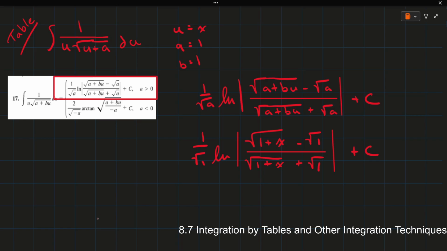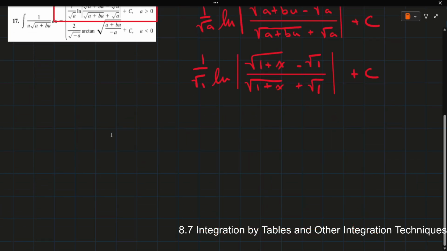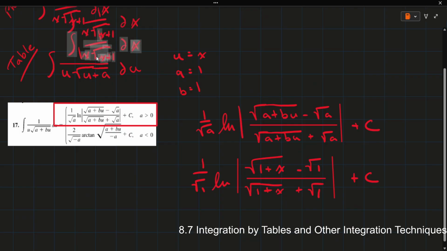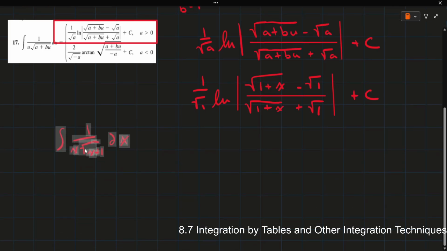And then finally we can clean this up. So I'm going to go back up here and grab my original equation. We can say that the integral of 1 over x radical x plus 1 dx is equal to 1 over 1, which is just 1, so that's cool.